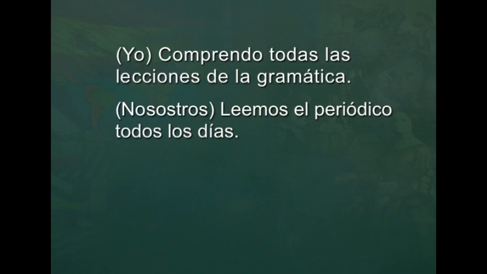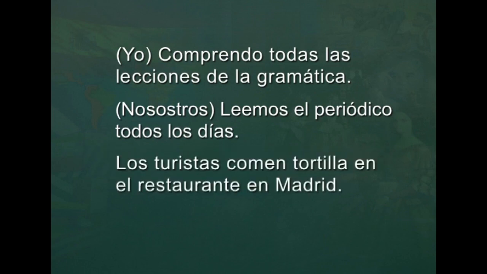Nosotros leemos el periódico todos los días. Remember that the verb leer in Spanish is to read. We read the newspaper every day. Next sentence: los turistas comen tortilla en el restaurante en Madrid.